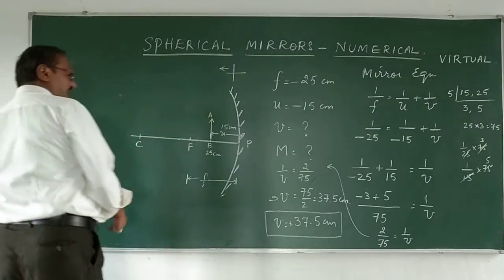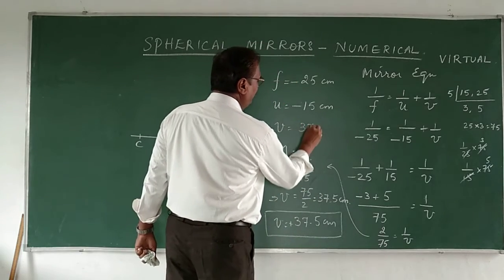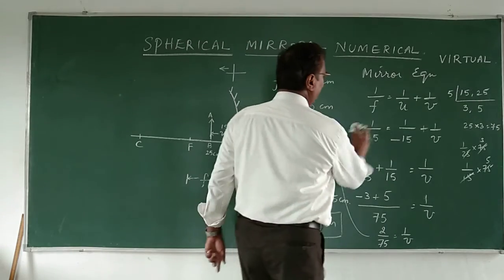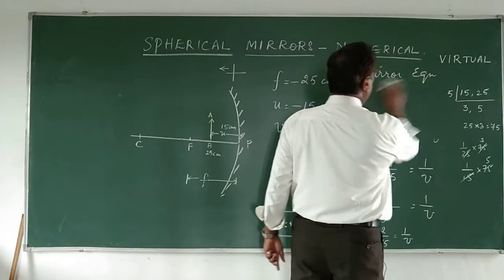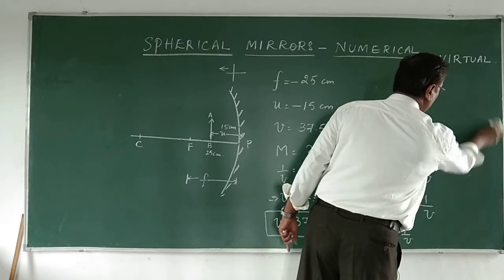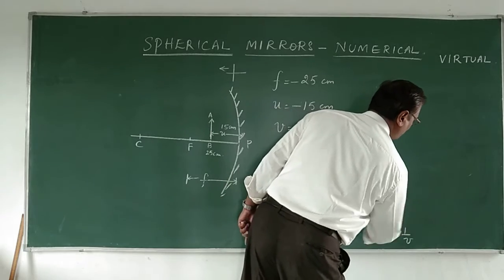Okay, now with that let me take the value here, 37.5 centimeter. Now let me erase everything, okay, and I will go to the formula of magnification. Let me see what the magnification is expected to be.